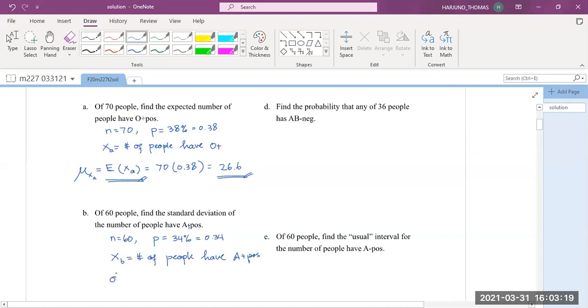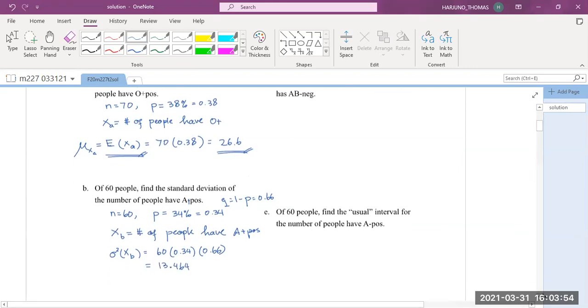then the variance is NPQ, 60 times P 0.34, and the Q will be 1 minus P, that will be 0.66. That's 60 times 0.34 times 0.66, that's 13.464.